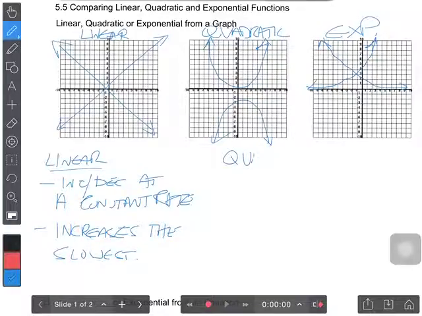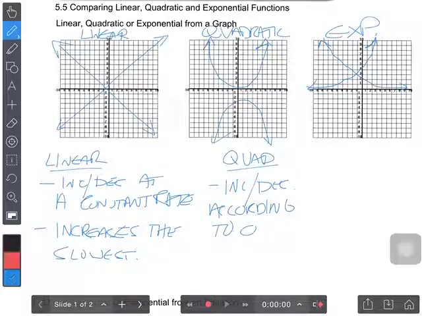Whereas a quadratic increases or decreases according to our step pattern. So if you think back to unit number 2, to our step pattern, remember we had the over 1 up 2, over 1 and so on and so forth.